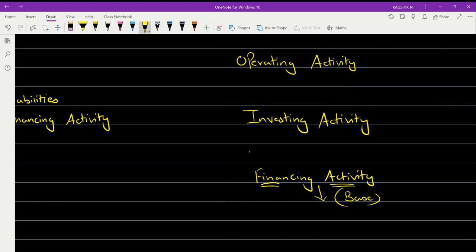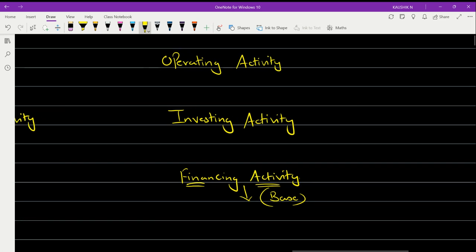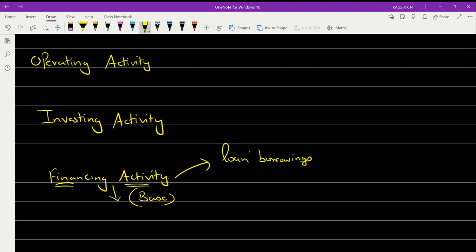You will be collecting the finance, the required amount of capital, from various sources like loans, borrowings. Then you will be collecting it in the form of shares or debentures.